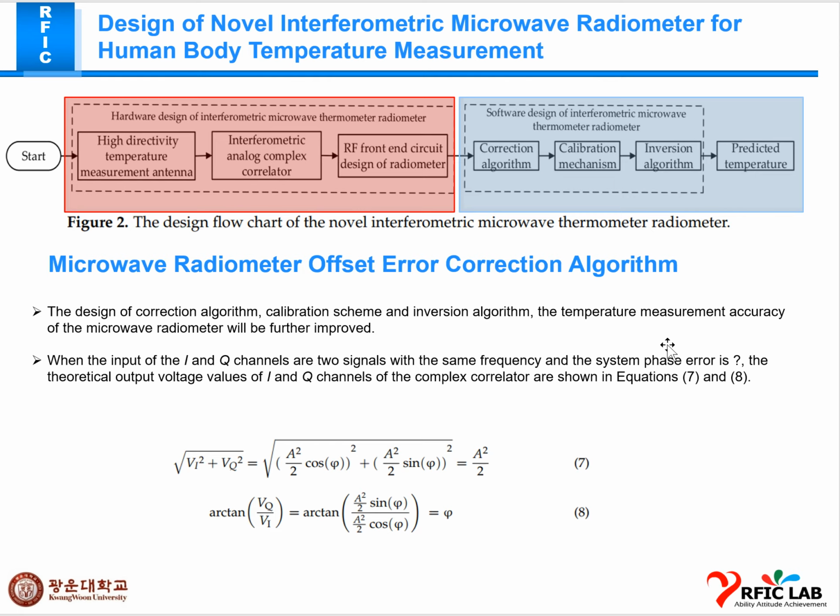In this flow chart there are six entity boxes. The first three are about hardware design, and the last three are about software design.